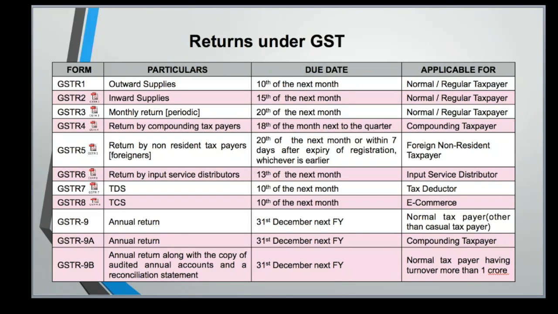On the delivery challan, you have to give the reference details of your job worker, his address, your address, the description of the goods, the taxable value of the goods, and based on that delivery challan, you can send the goods. If it is raw material, it has to come back within 1 year. If it is capital goods, it has to come back within 3 years. If these things are satisfied, no issues regarding that.